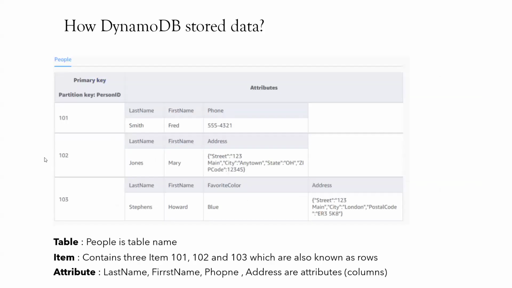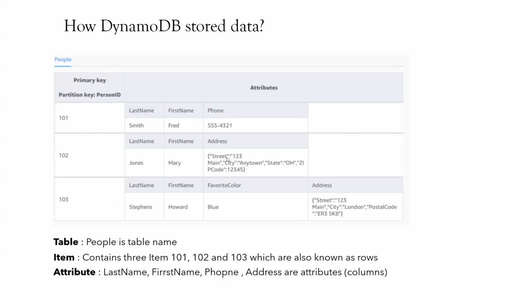Here we can see a typical structure of a DynamoDB table, like the People table. It has these many attributes. Every row in DynamoDB is called an item. In this table we have 3 items: 101, 102, 103. The first row has the attributes last name, first name, phone number. The second row contains last name, first name, which is the same, but the third attribute is different.